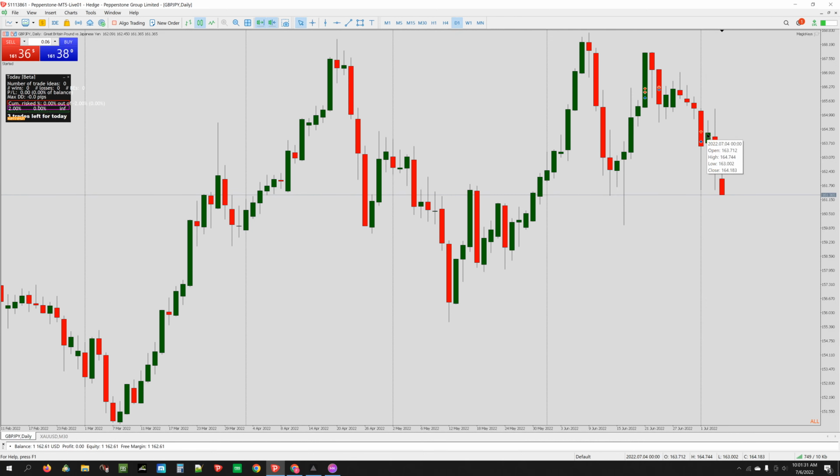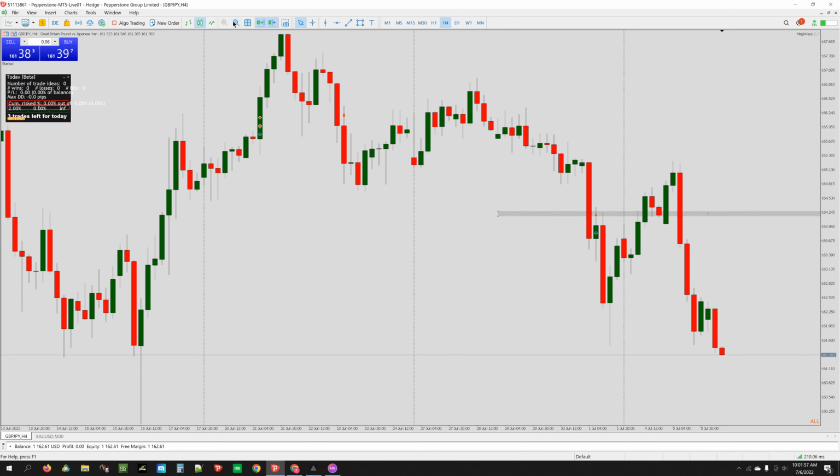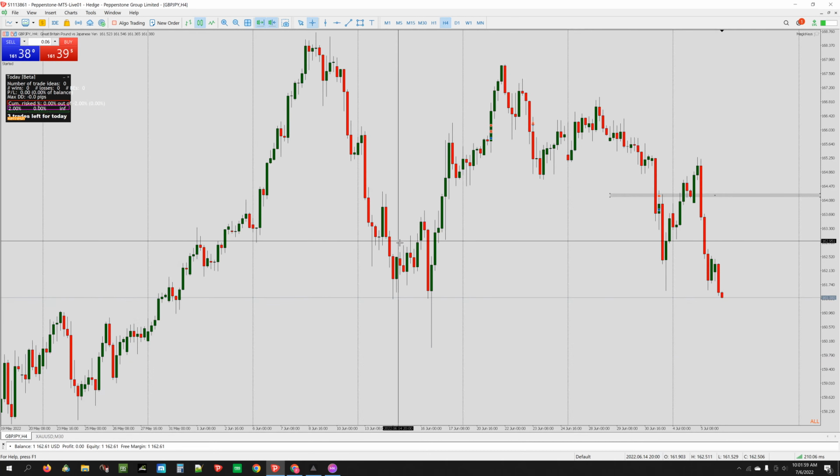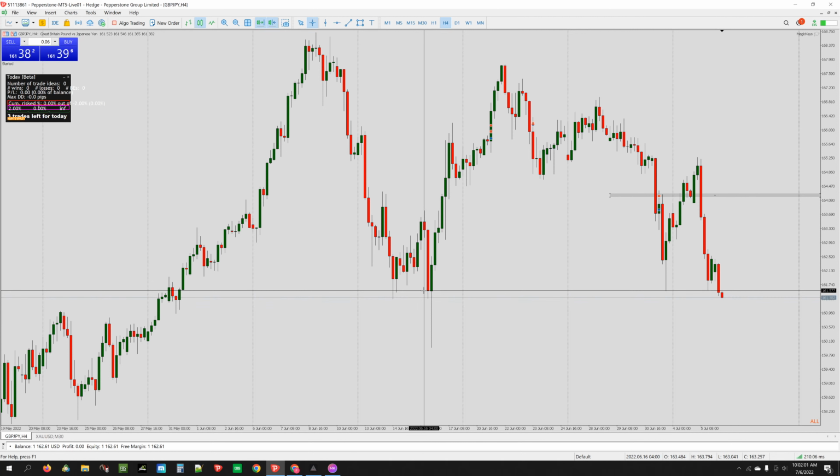If we look at the daily time frame, we have a support at the 162.500 area, and we have resistance at the 164.200 area. So this is a resistance, but we need to look at where our support is, because there are multiple supports in this area. We will find the most relevant support by looking at H4.